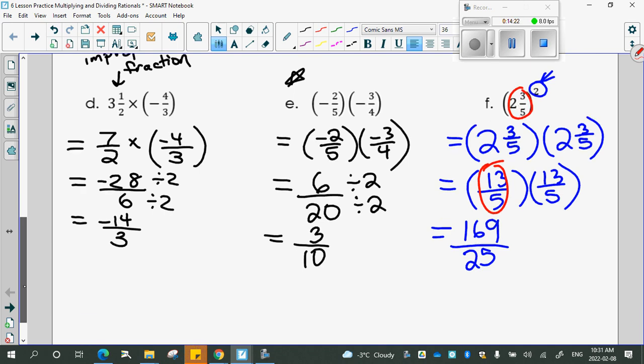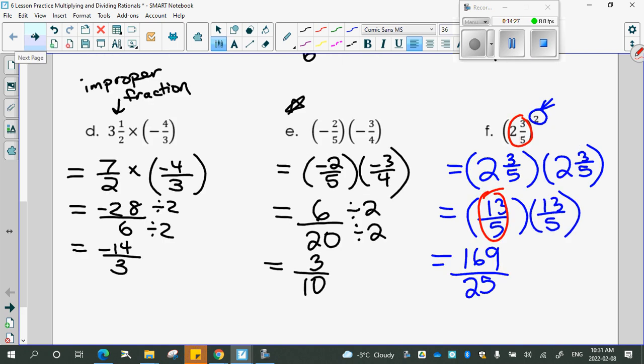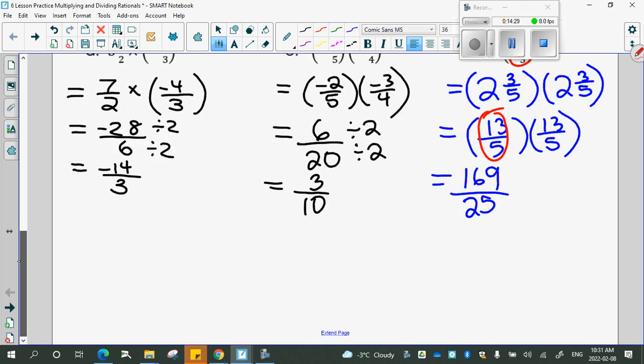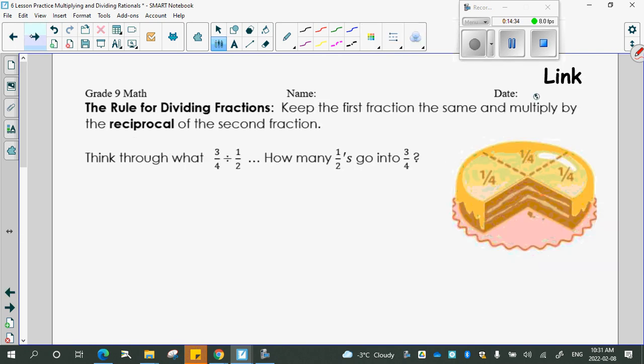Okay, so I feel like that's the multiplying, is it not? What am I doing here? So we're on dividing. Oops, gotta click on it here.